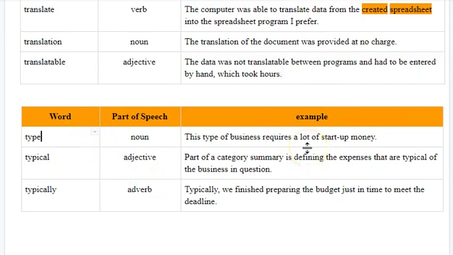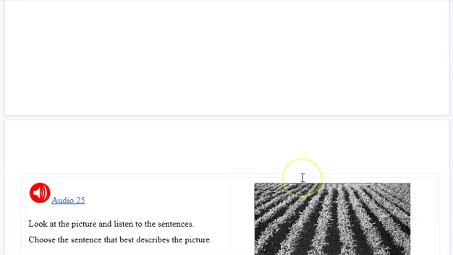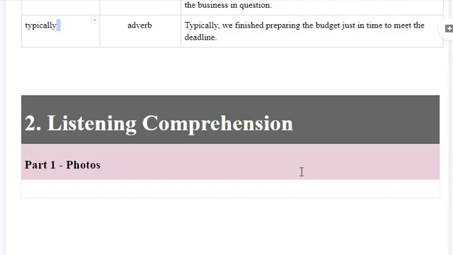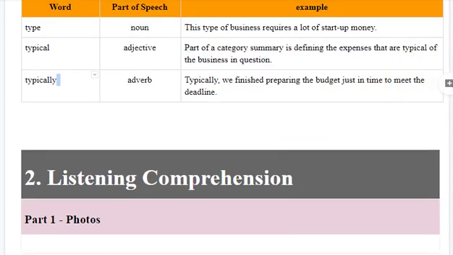Type, noun. This type of business requires a lot of startup money. Typical, adjective. Part of a category summary is defining the expenses that are typical of the business in question. Typically, adverb. Typically, we finished preparing the budget just in time to meet the deadline.